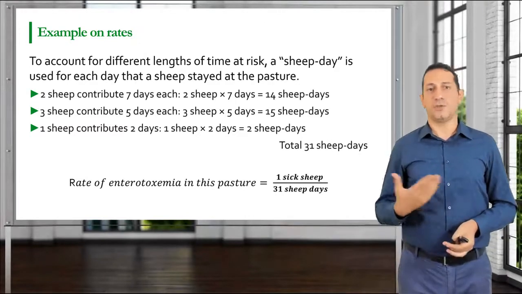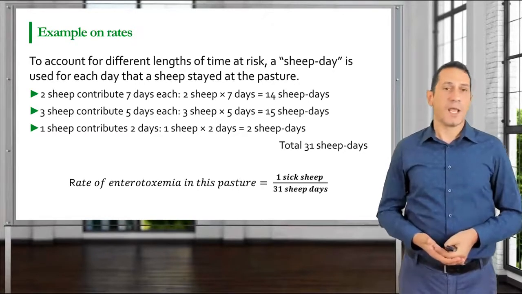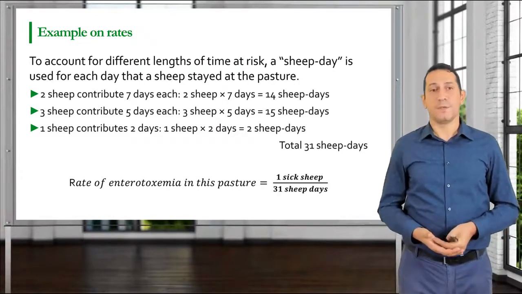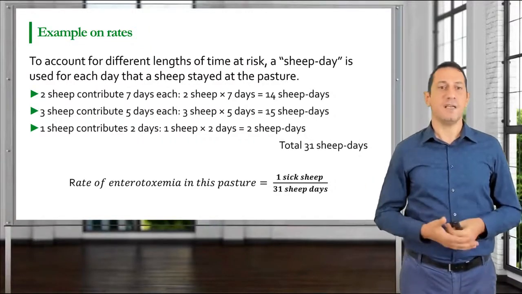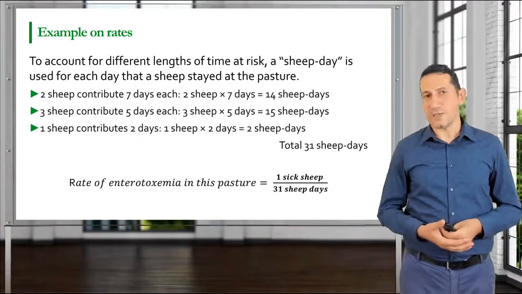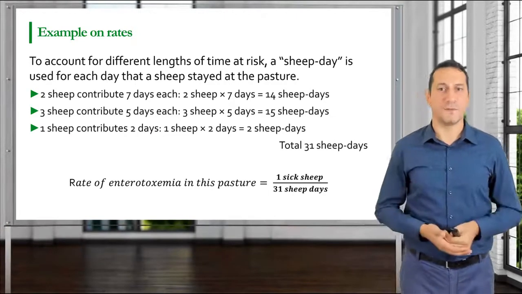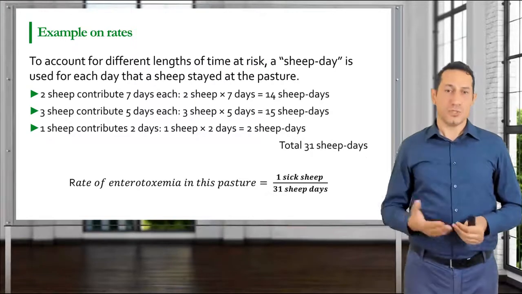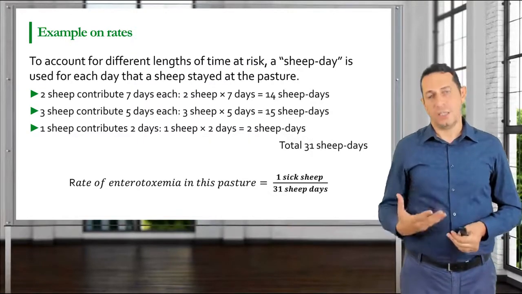So 2 by 7, we have 14 sheep days. And then we had 3 sheep contributing 5 days each, so we have 15 sheep days. And then we have 1 sheep which stayed only 2 days in the pasture, which contributes 2 sheep days to the total. So in total we have 31 sheep days.